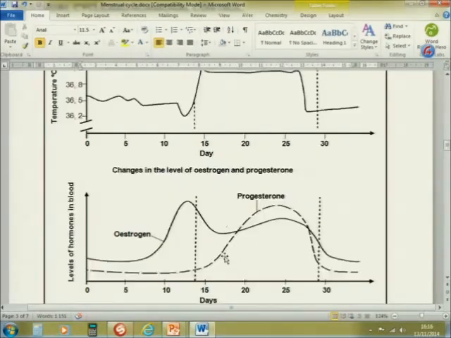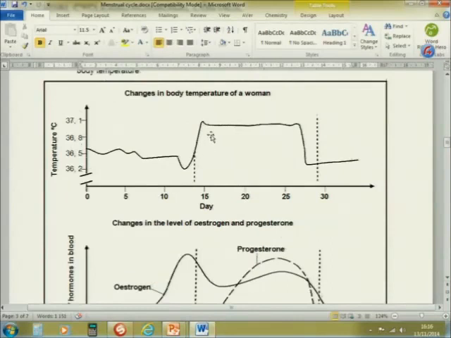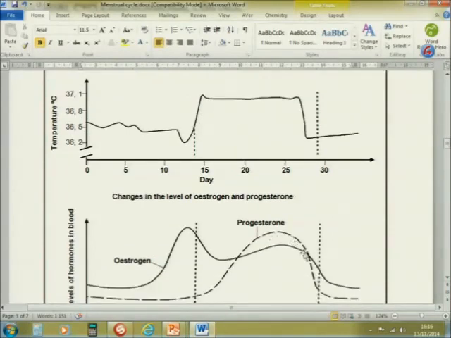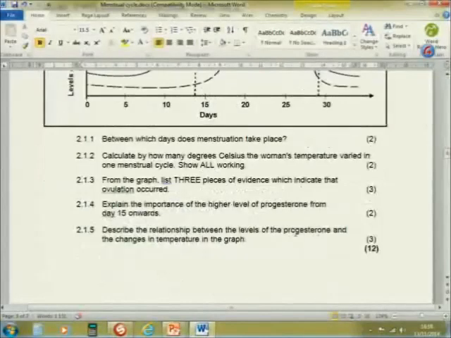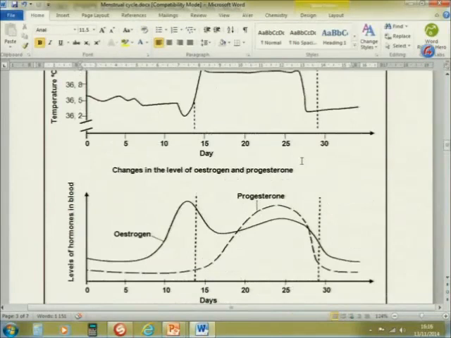As the amount of progesterone increases, the temperature also increases. Or as the level of progesterone decreases, the temperature also decreases. That is the relationship between the level of progesterone and the changes in the temperature in the 2 graphs. Right?